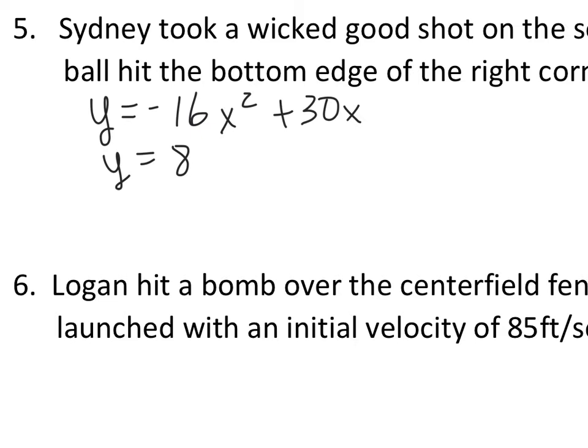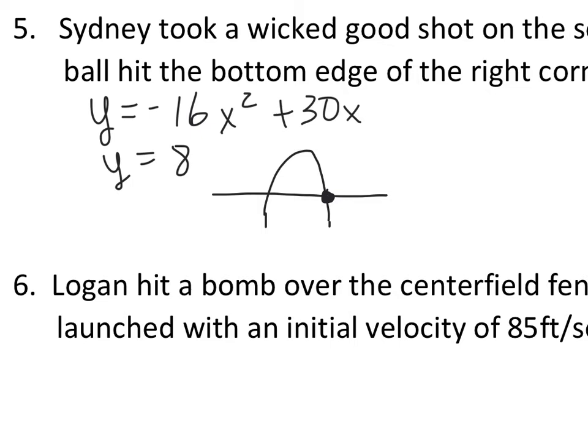And I'm going to get a parabola that's upside down, and it's going to have a line going through it at y equals 8. And what I'm looking for is this point right here. I want to know when that ball hits the goal post.